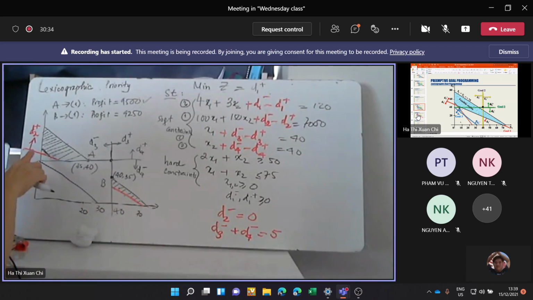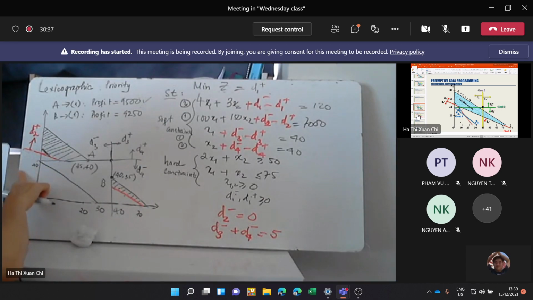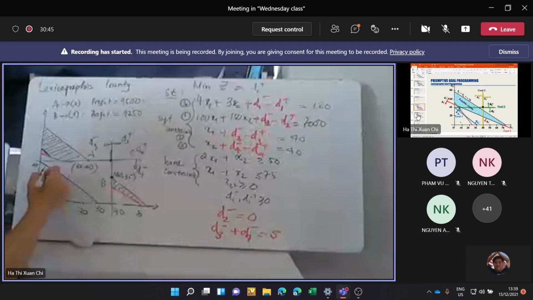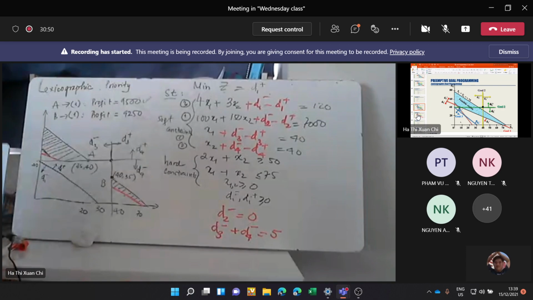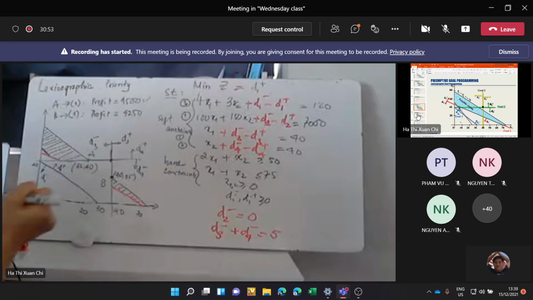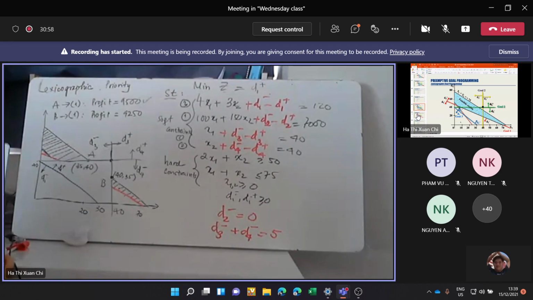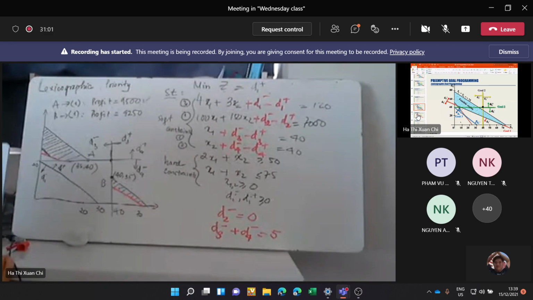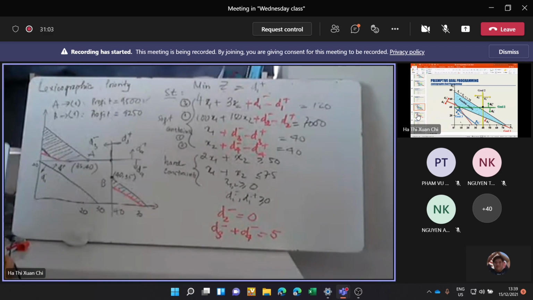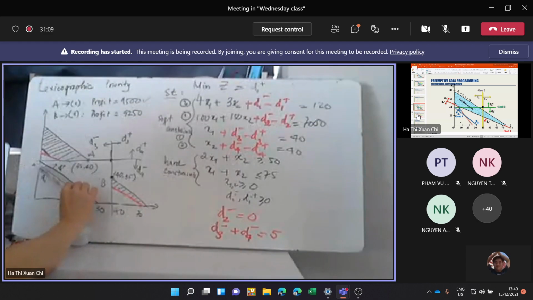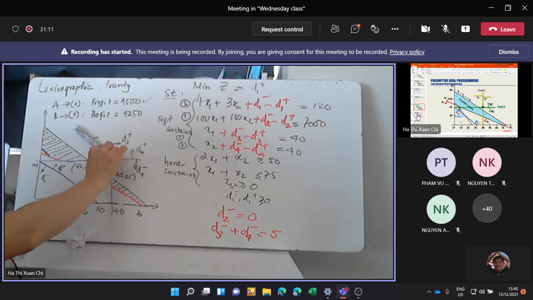That is D1 minus, here is D1 plus. What do they want? They want no more than 120, right? So they try to minimize this size.